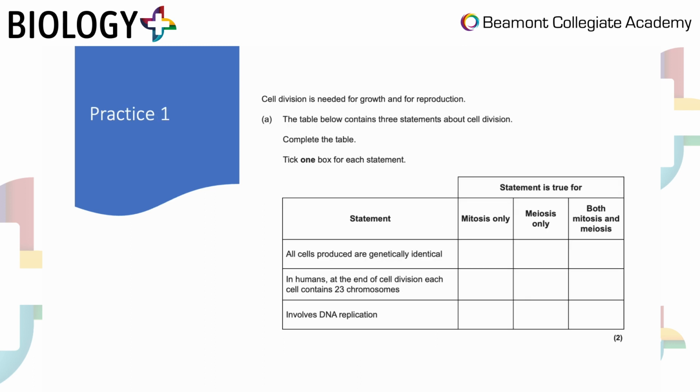Practice question 1. No writing involved in this. We've got a tick box. Okay, how much have you learned about mitosis, meiosis already? If you need to, pause the video and go back to the information already, or alternatively, have a go. Remember, it's only one box for each statement.